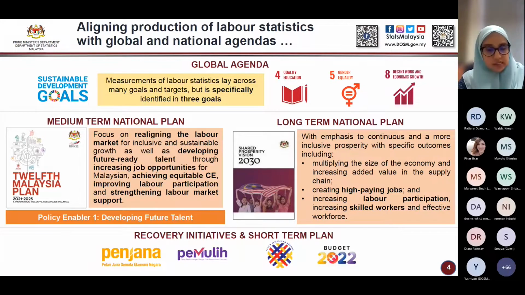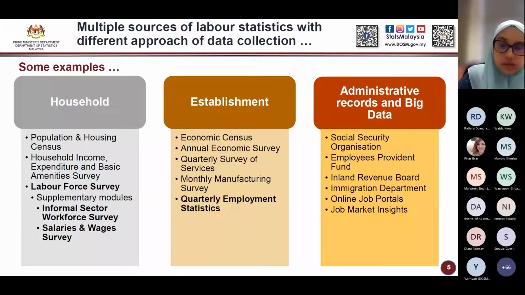So next slide, please. As has been shared, for Malaysia, multiple sources of labor statistics have been produced in our country, relying heavily on 3 major sources, namely household, establishment, as well as administrative records and big data. Mainly most of the data come from household surveys.